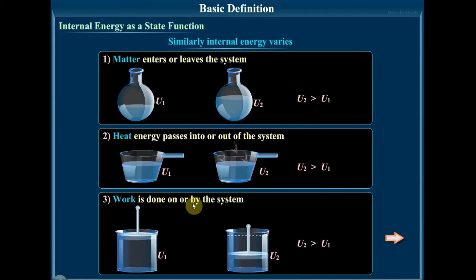Here you can see a container with a movable piston. This matter has energy U1, and when it is compressed, that is when the piston is moving downward, the system's energy is shown here as U2. Here work is done on the system, so the energy U2 is greater than U1. So these are some examples.